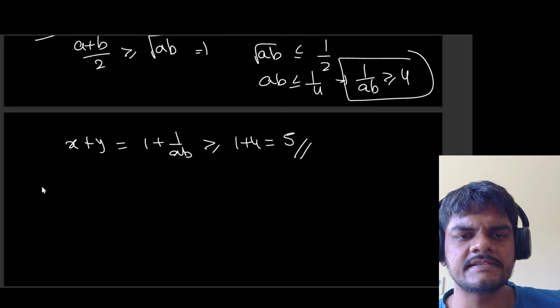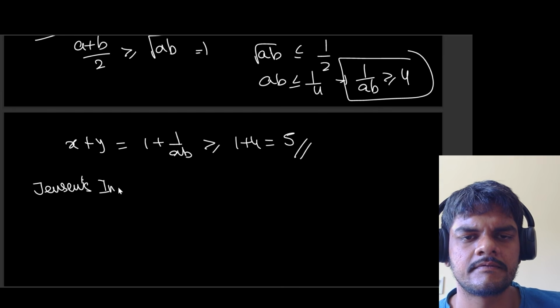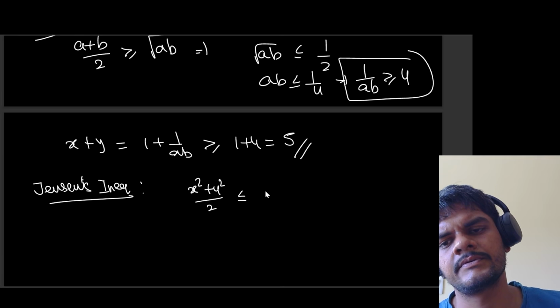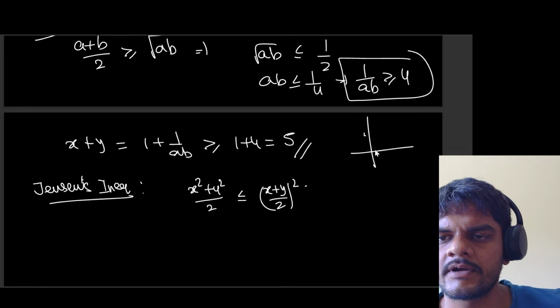Now with again Jensen's inequality, can I say x square plus y square by 2 is less than or equal to x plus y by 2 whole square? Yeah, because it is again concave, it is a quadratic. So x, y, the midpoint will be here, but this will be here.